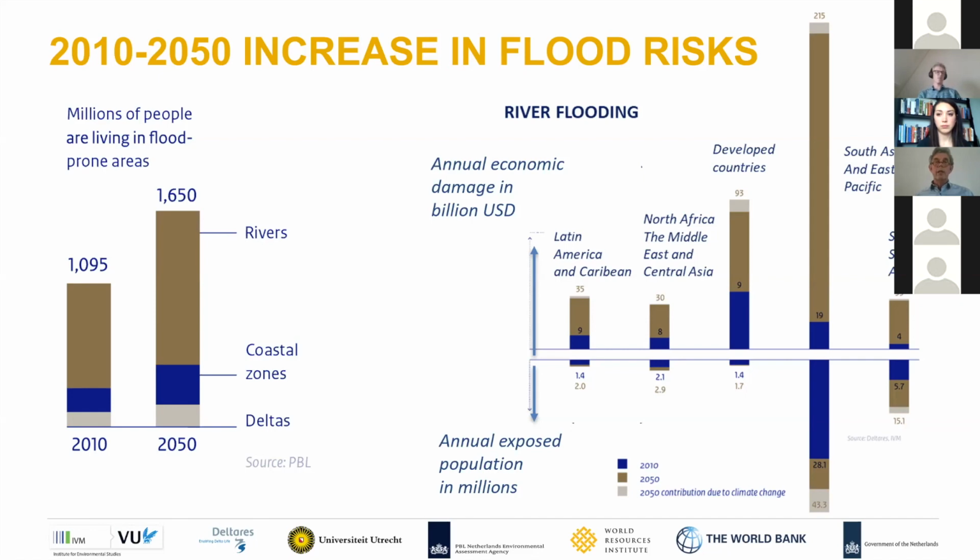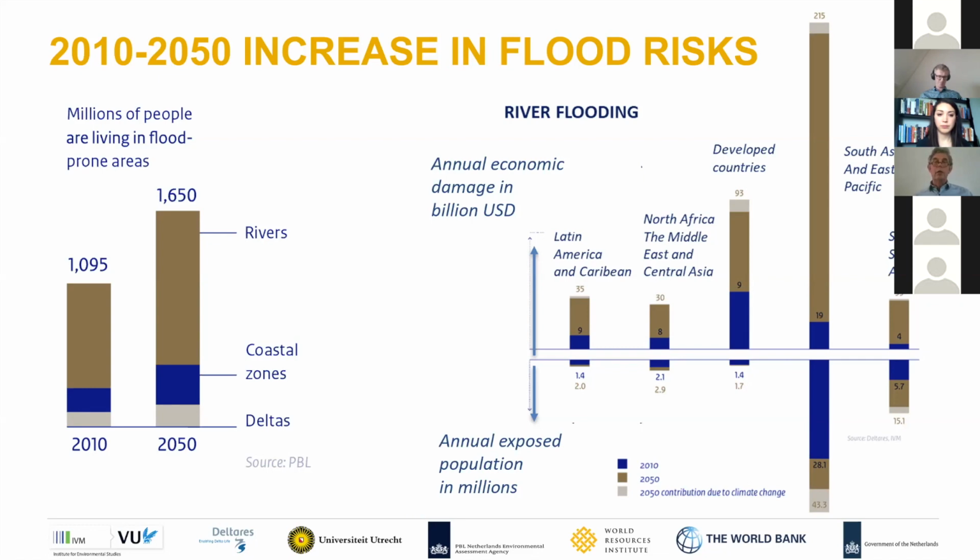areas. Then based on the global flood risk model, we were able to assess the flood risks, and that's the right side. You see on top the annual economic damage in billions US dollars, and on the lower side, the annual exposed population in millions.